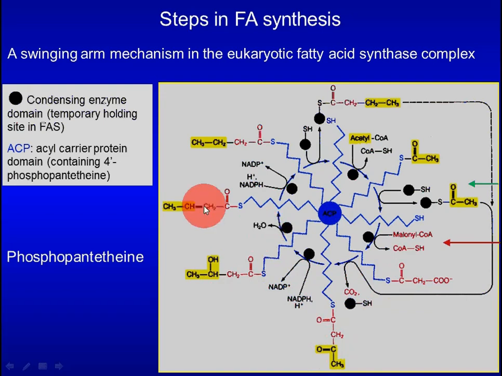Third step is to reduce the double bond to a single bond. In step 1 and step 3, each consumes 1 NADPH. Now, this fatty acid group is ready to condense with another malonyl group.